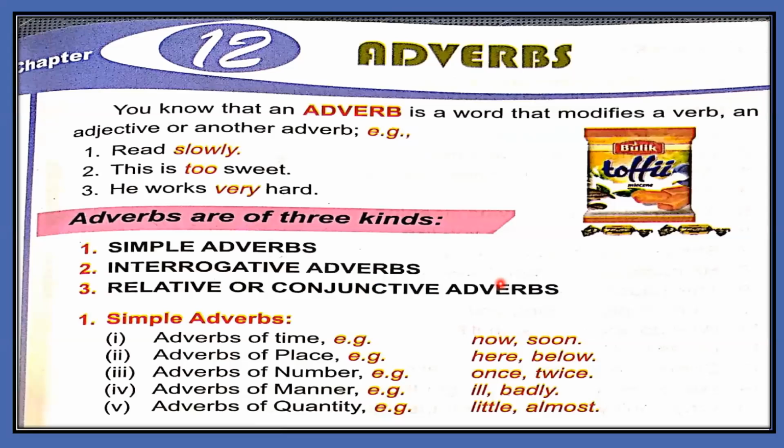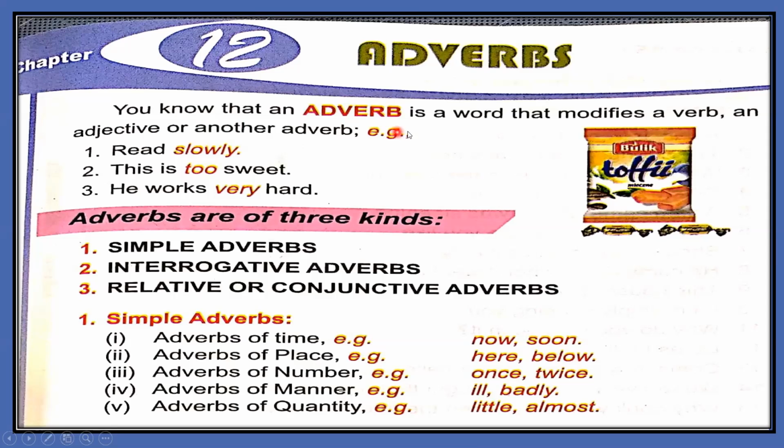So let's start. Here, dear students, is chapter number 12, adverbs. Now, how many of you are well aware of adverbs? What is an adverb? Who will tell me? The definition is already written here. Let's read it.